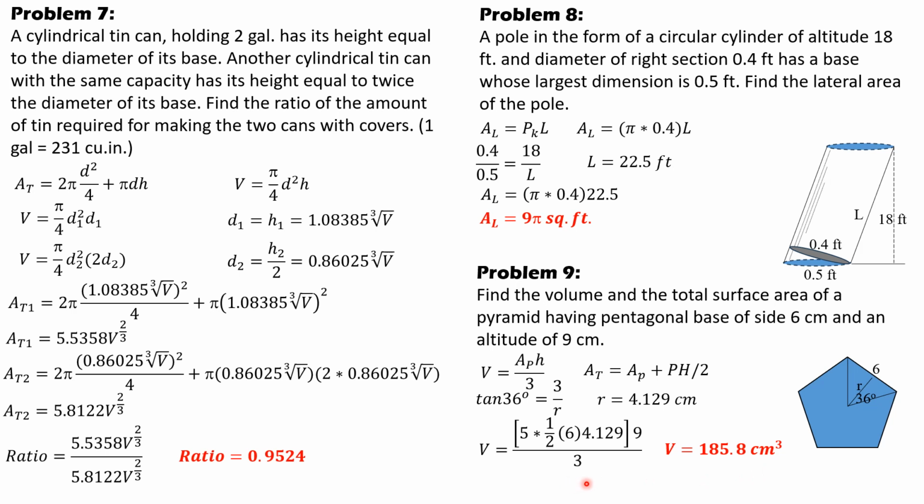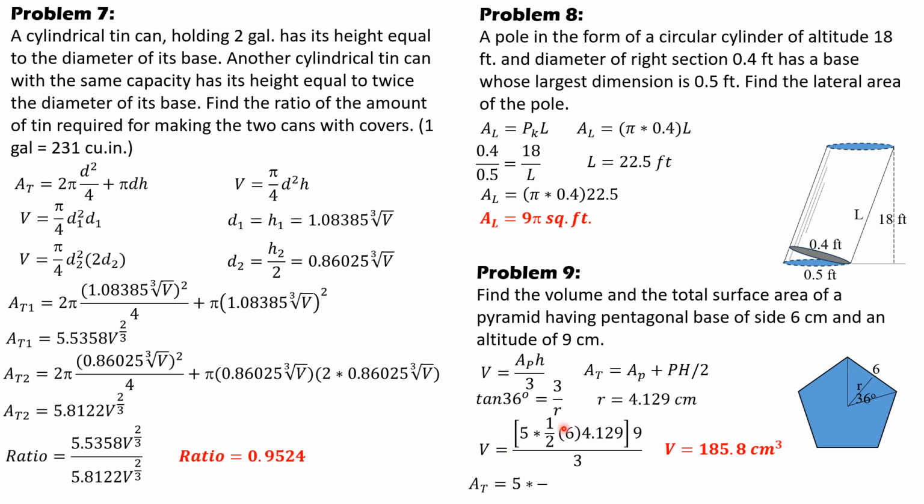Then for the total surface area, so again H is square root of r squared plus 9 squared. So let's just proceed directly. Perimeter is 5 times 6. So area of pentagon is this.